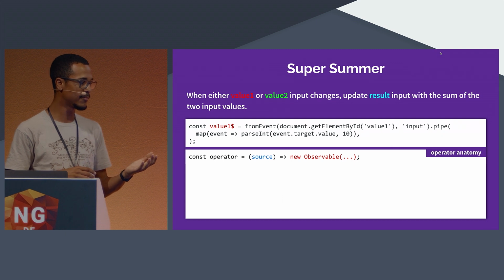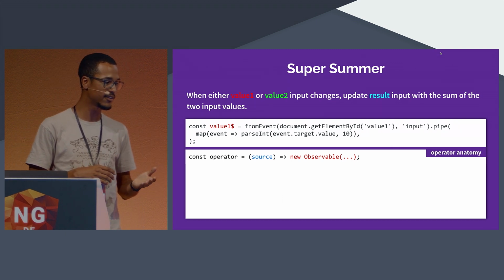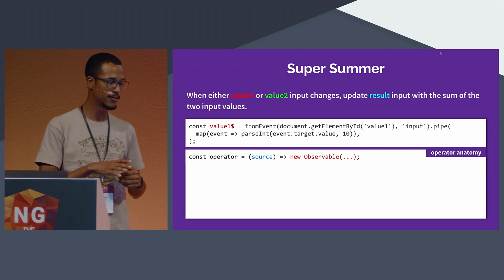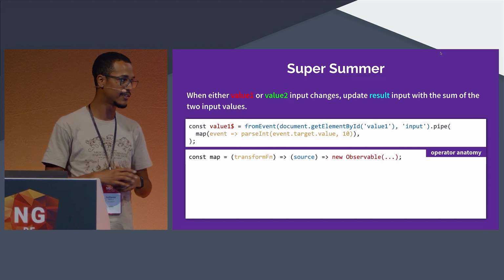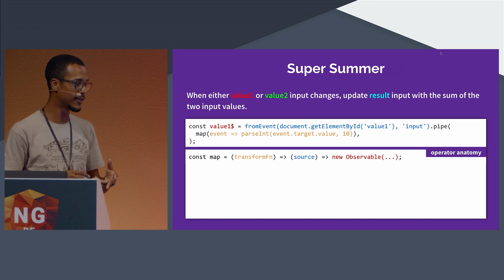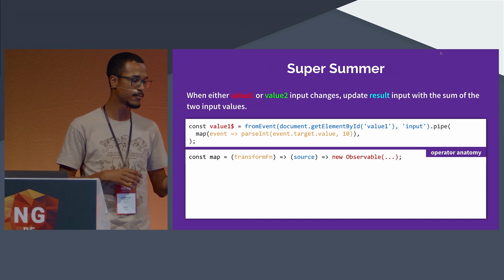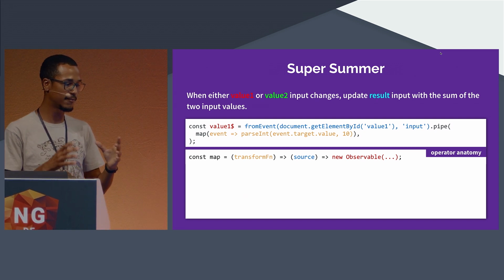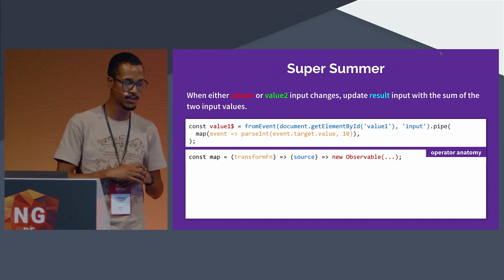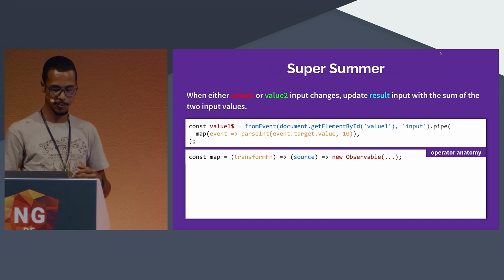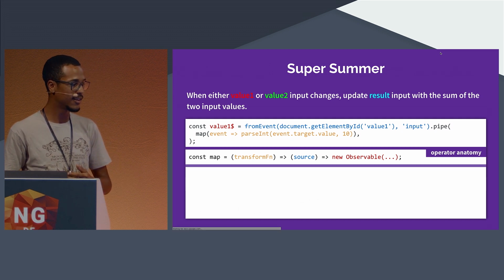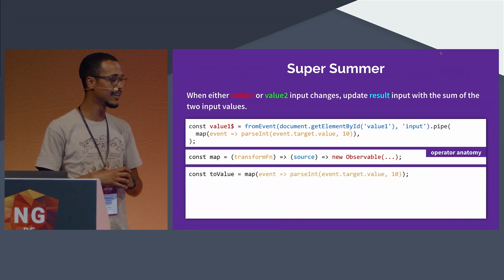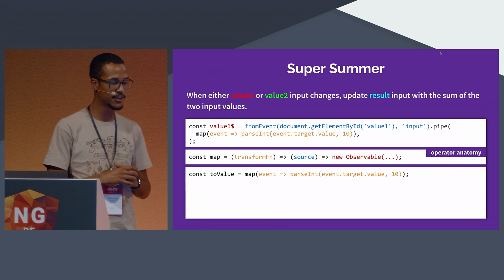An operator is simply a function that receives a source observable and returns a new observable. Again, observables are immutable. In the case of map, it's a factory function to create operators, the map operator. So it receives a transform function and returns a new function, which is the real operator. Knowing that, we can create a specific map function for us.